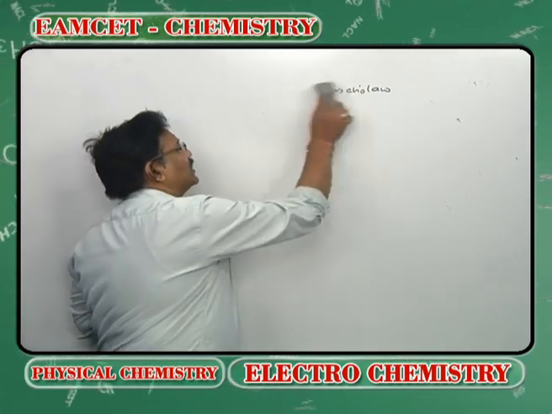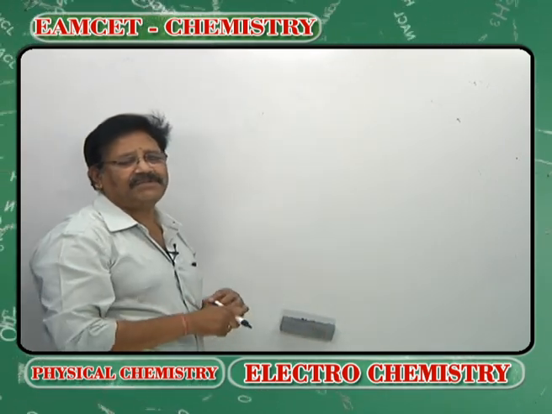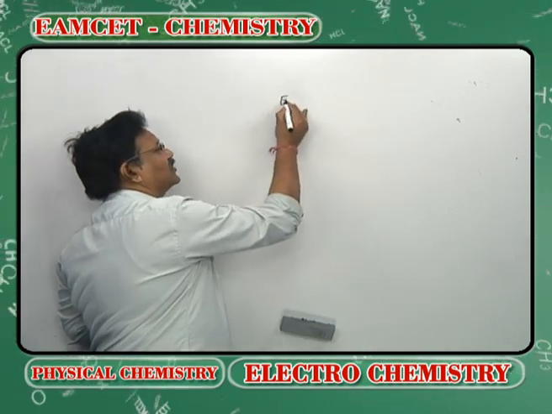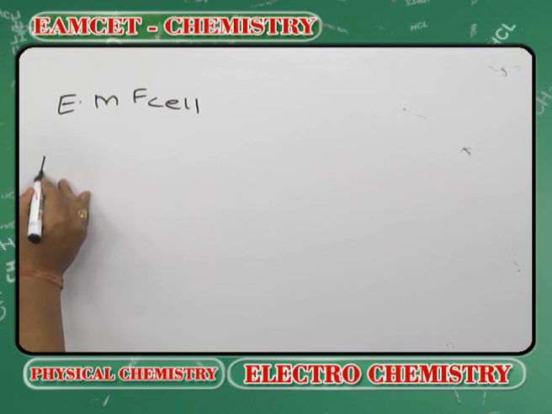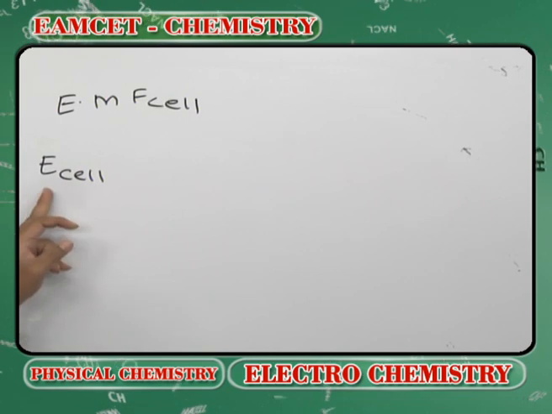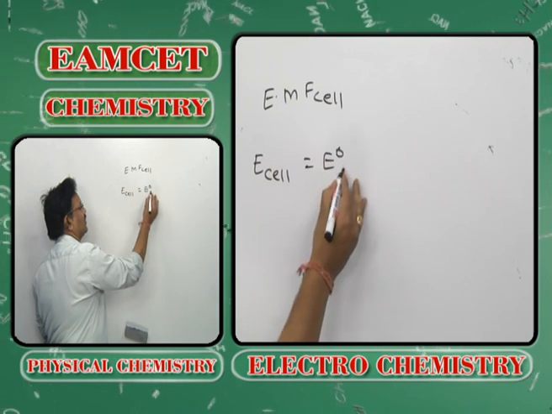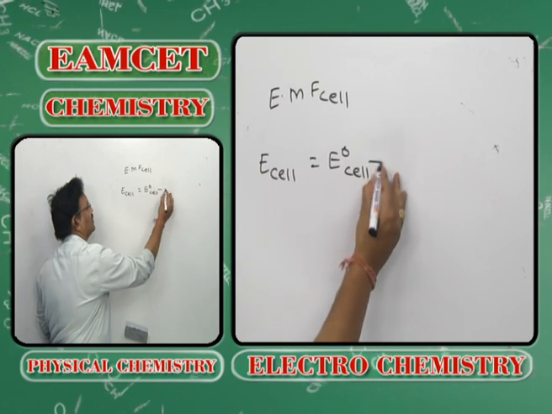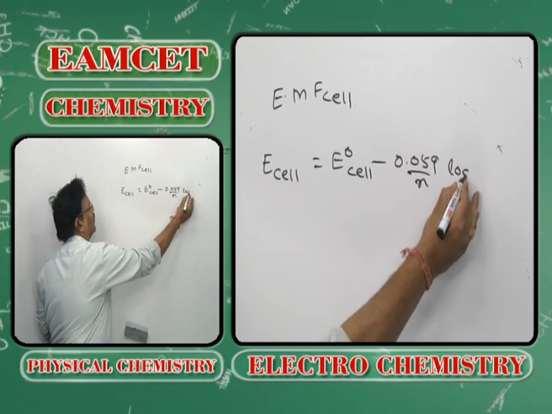Now, coming to the Nernst equation, what is the major application of the Nernst equation? It is used for the calculation of the EMF of the cell. EMF of the cell at experimental conditions is given by the relation E cell is equal to E naught cell minus 0.059 by n log Q. What do you mean by Q?